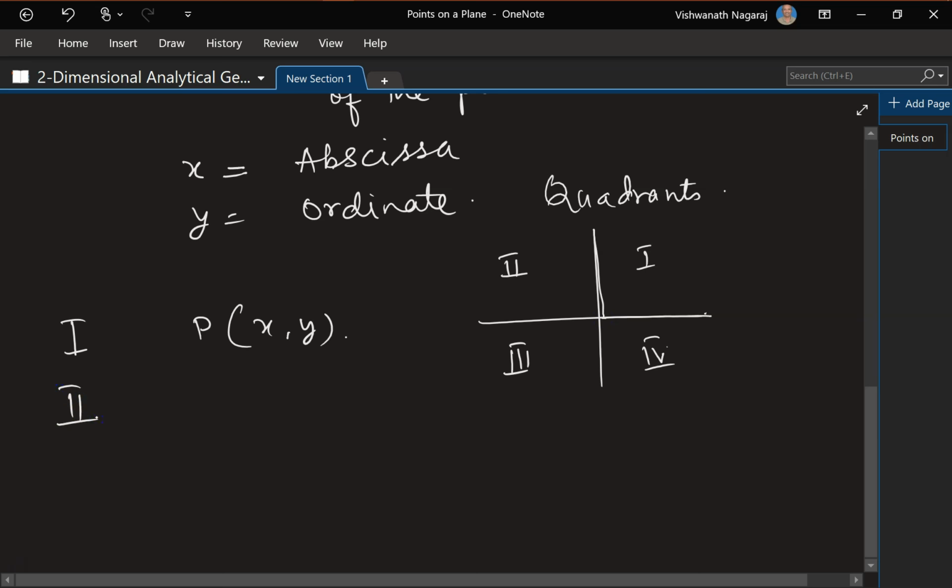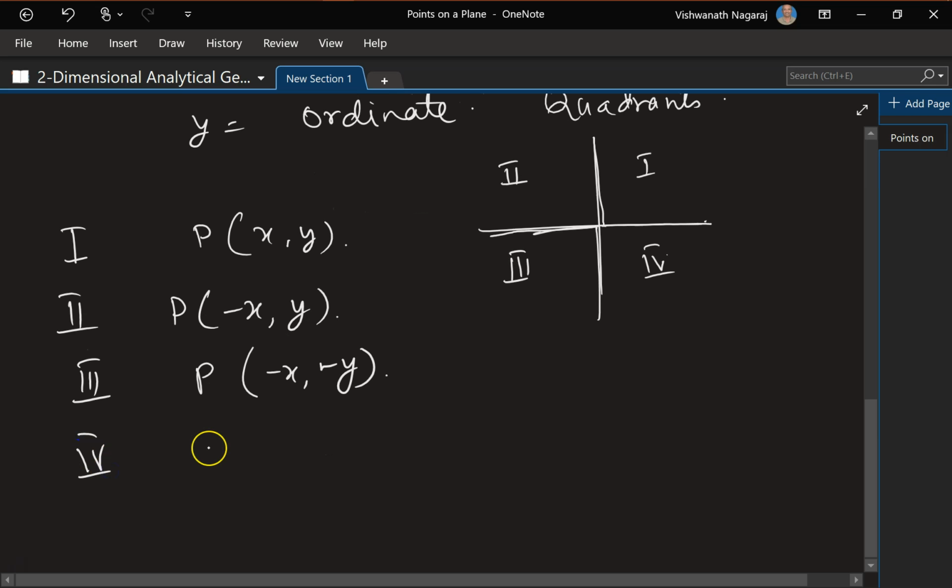In the second quadrant, what happens? x becomes negative. So P is minus x comma y. y remains positive. In the third quadrant, x is negative and y also becomes negative. So minus x, minus y.